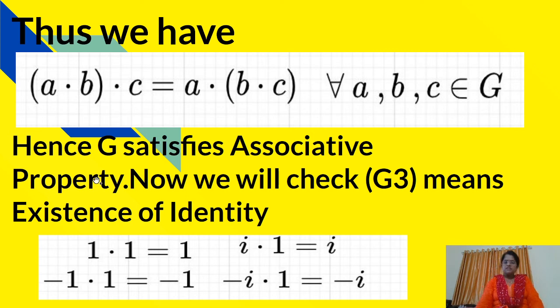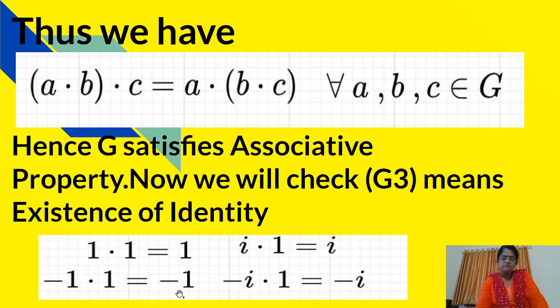Now we will check the third property, which is denoted as G3, the existence of identity element. We can see that 1 into 1 is 1, minus 1 into 1 is minus 1, i into 1 is i, minus i into 1 is minus i.